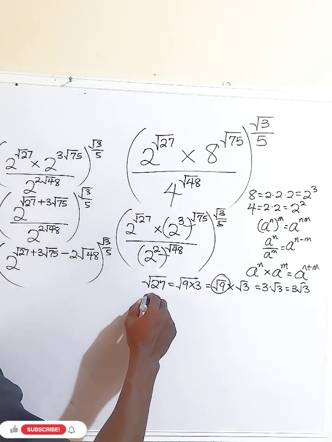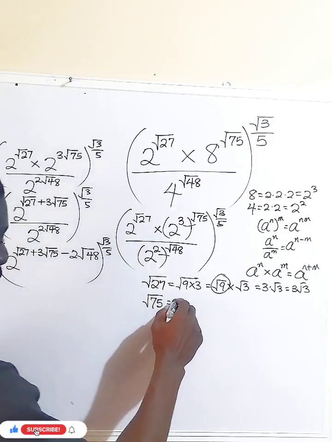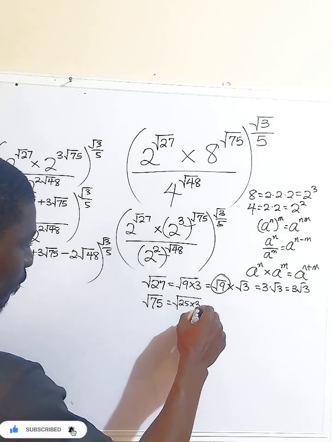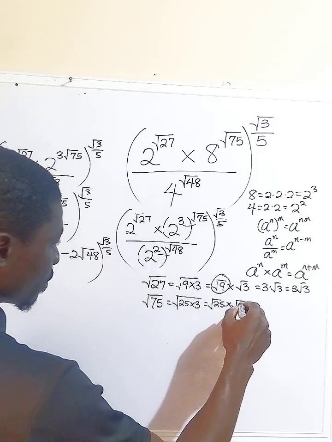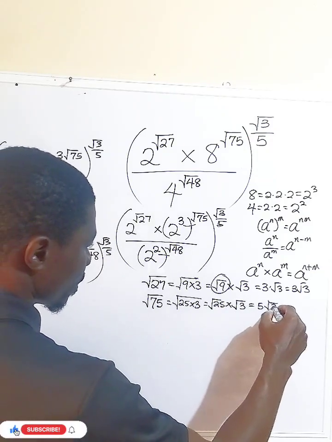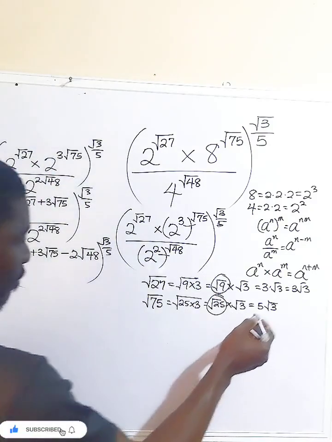Now for 75, this can be reduced to 25 times 3, which will give us the root of 25 times the root of 3, which will give us 5 root 3, because the square root of 25 is 5.